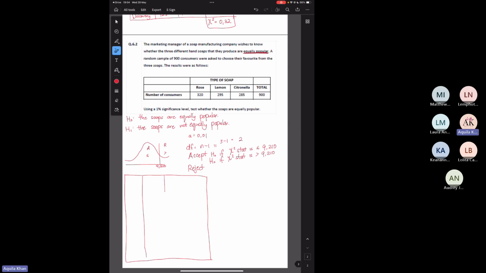So you have your category, FO, FE, and then the FO minus FE squared over FE. So here you just have the categories of rose, lemon, and citronella.